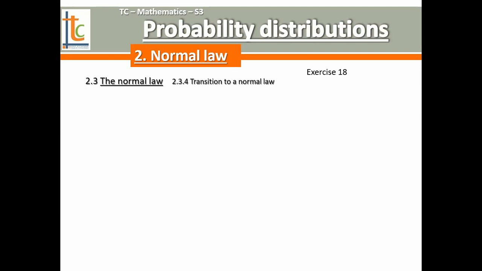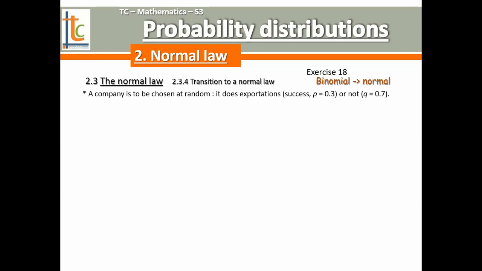And of course, you're asked to create a first distribution, a probability distribution for X. So the point is that you are in a Bernoulli scheme at the beginning. Each time you choose a company, it will do export or not, and the probability of success is 0.3, and the probability of failure is 0.7, because in the population, 30% of the companies do export.